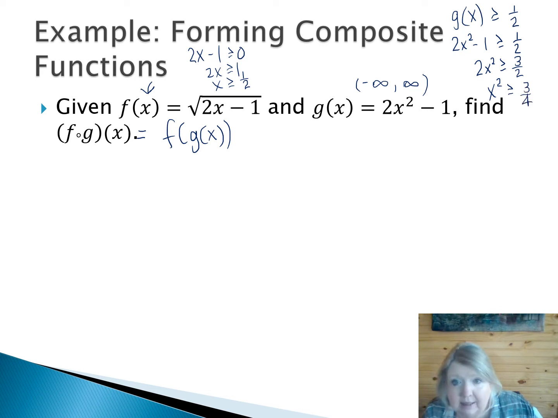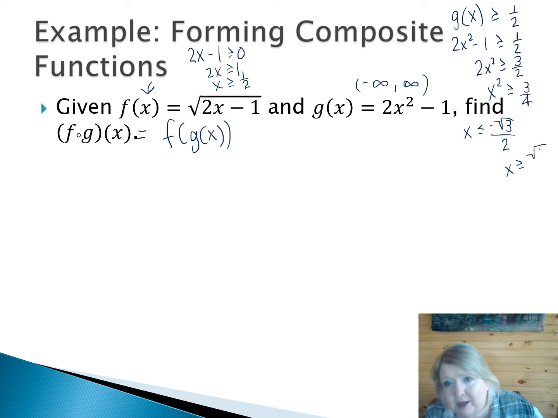Now, when I take the square root, this is where some people start getting lost. There are 2 square roots, a positive and a negative. If I take the negative square root, I also flip my sign. So that's going to be negative square root of 3 over 2. And when I take the positive square root, I leave the sign alone.